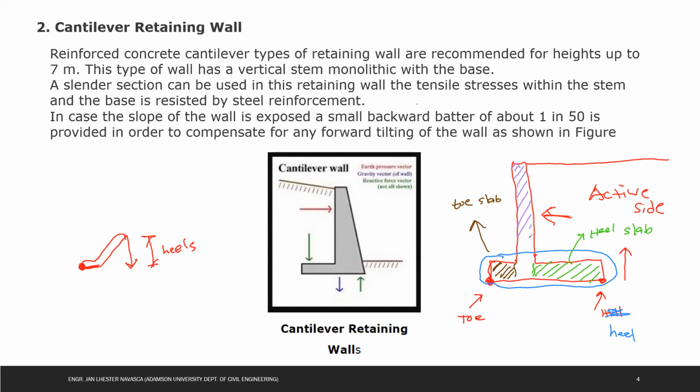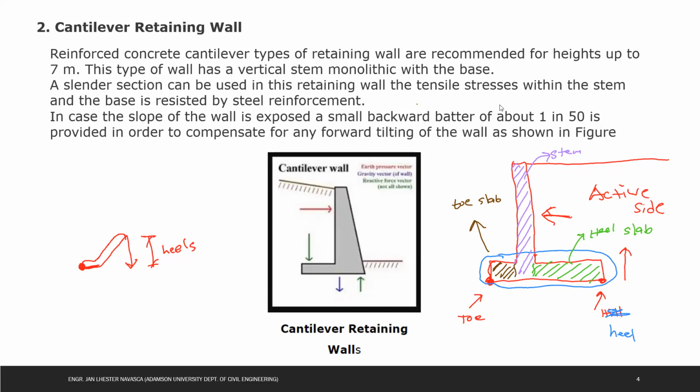This one is your stem. Okay. Again, this one is your heel slab. This one is your toe slab. And itong nasa gitna is your stem. Okay? So yan yung mga properties of a cantilever retaining wall.